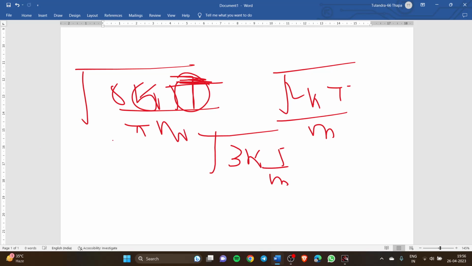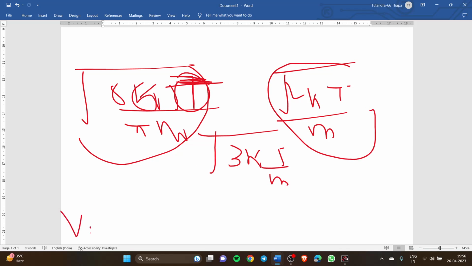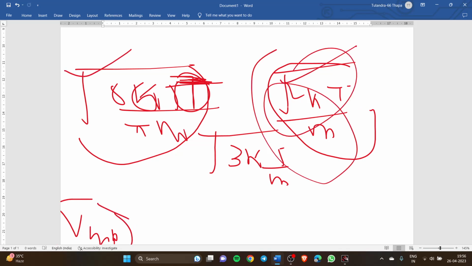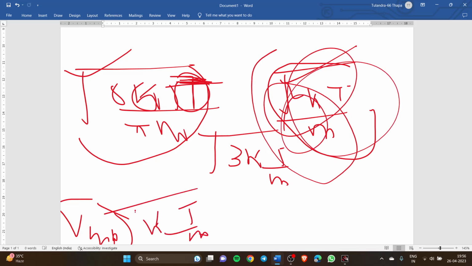And for the experimental value, we have found the most probable speed. This is the average speed, this is the most probable speed, so we have found this. So the value of root 2kT upon m is equal to v most probable experimental. So we will simply divide by root 2 and get the answer.